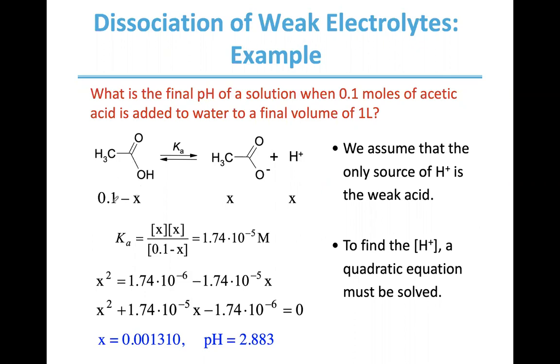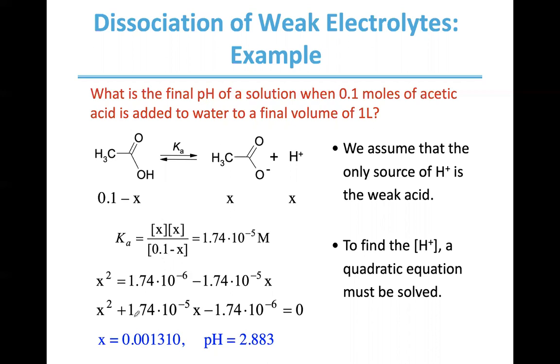What's remaining is 0.1 minus X, because X has dissociated. And now there is a new acetate, X moles, and X moles of protons. So the dissociation constant is the product, X times X, over the concentration of the starting material, which is 0.1 minus X.